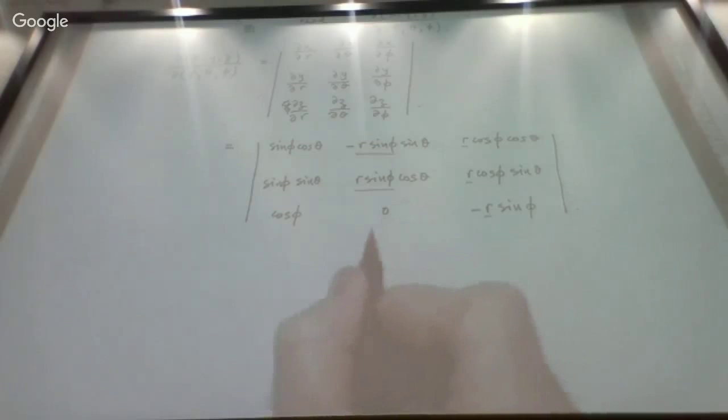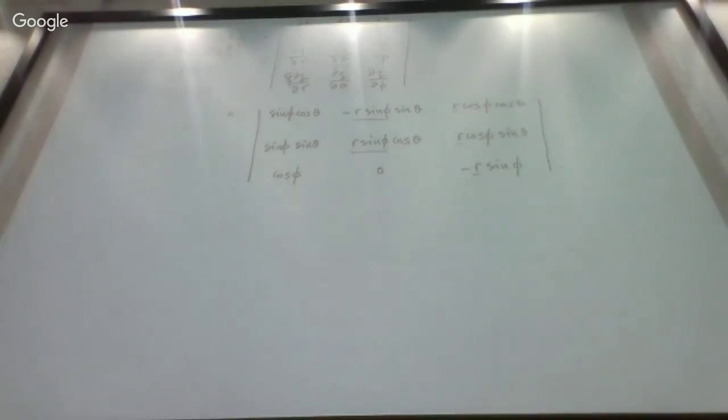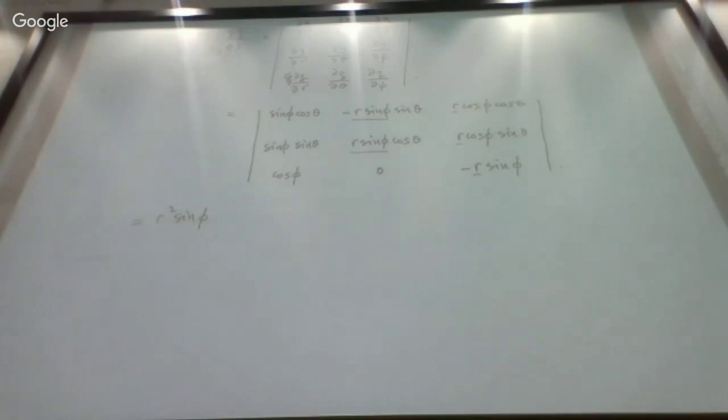You can divide 0 by anything non-zero. So in total we've got a common factor of r in the third column and r sine phi in the middle column. That means we can extract all of that, and it comes out as r squared sine phi, and then we have the simpler determinant.